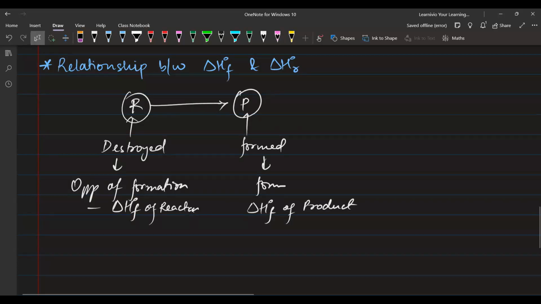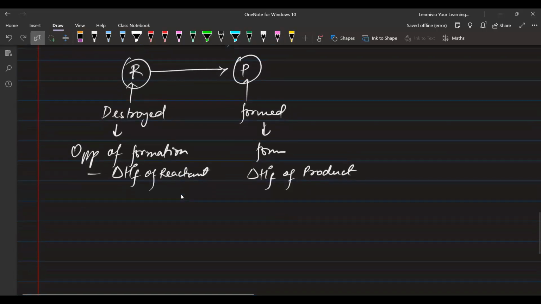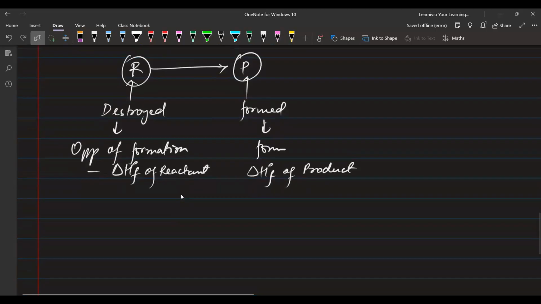So there are two things happening. The reactant is getting destroyed, so that can be mathematically expressed as minus delta HF naught of reactant, and for product we can have delta HF naught, that is positive.